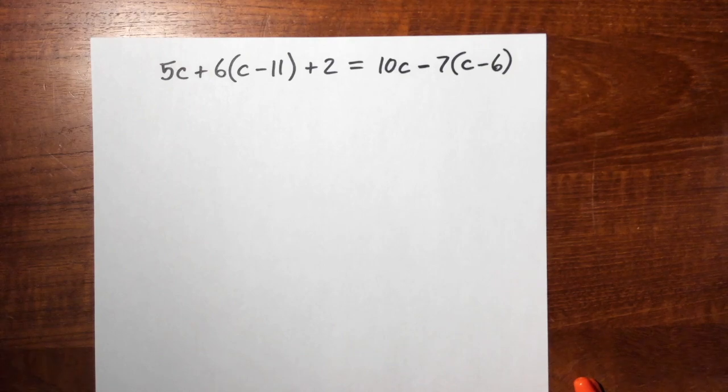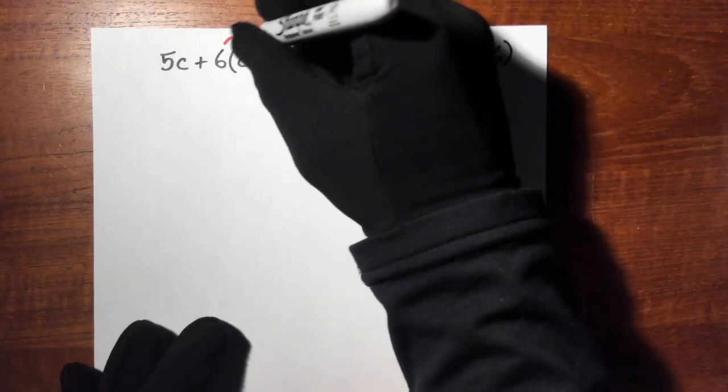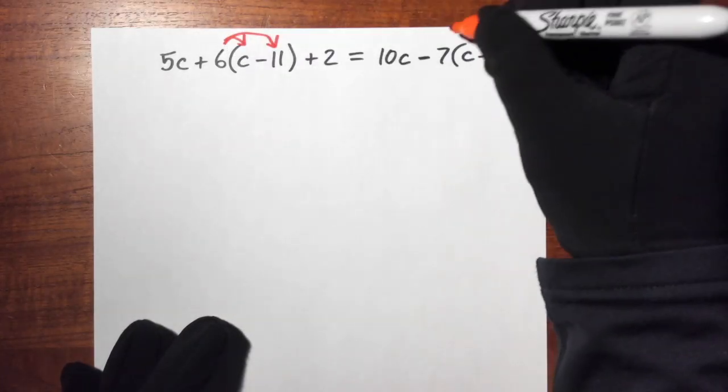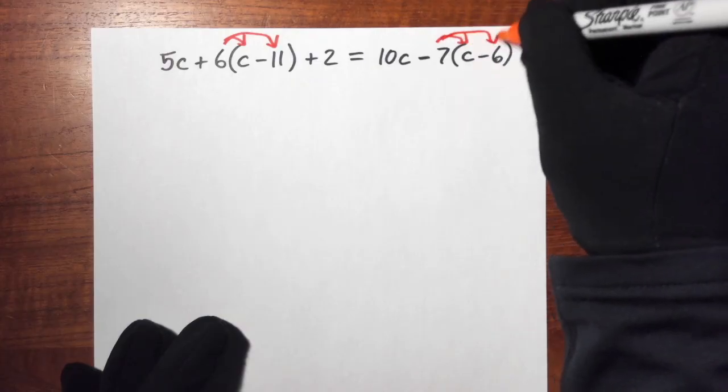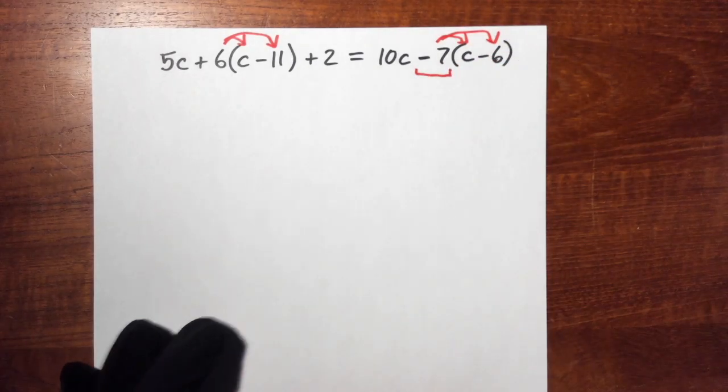Now, some other moves that you should also be familiar with from Algebra 1 in order to simplify expressions and solve equations. We have the distributive property. Taking a value that's in front of parentheses and multiplying it through the parentheses.